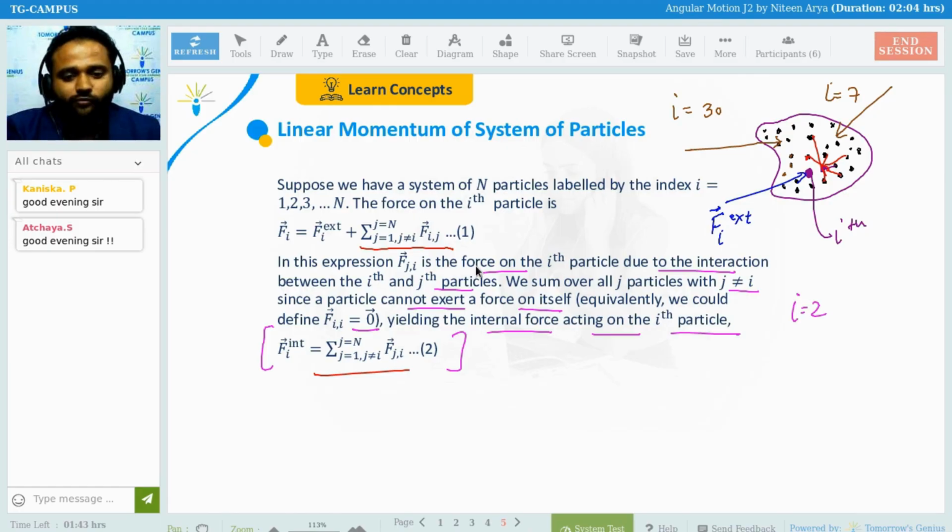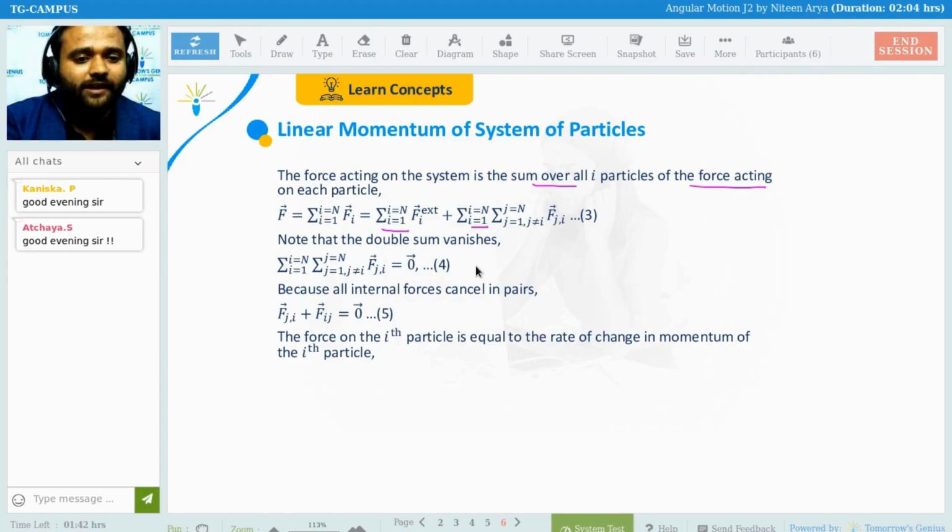Got it? So the net force on this rigid body system, which is basically a system of n particles of different mass and different spacing. So we do this thing. So this is basically the net force on the rigid body.